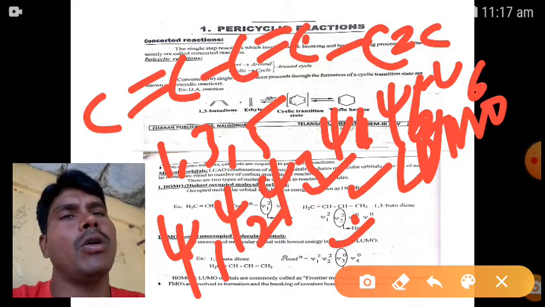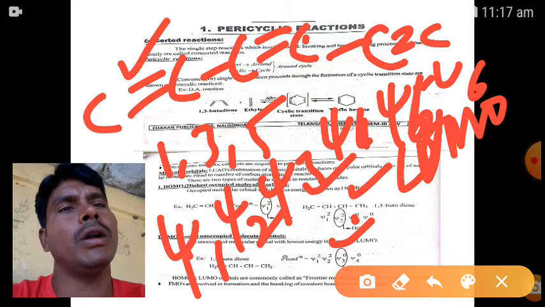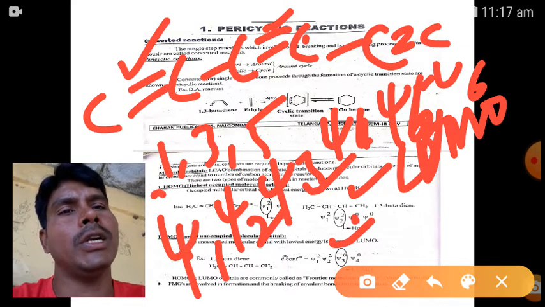How many pi bonds are there in the conjugated pi system? 1, 2, 3. Three pi bonds equal 6 electrons. Each orbital carries only 2 electrons.